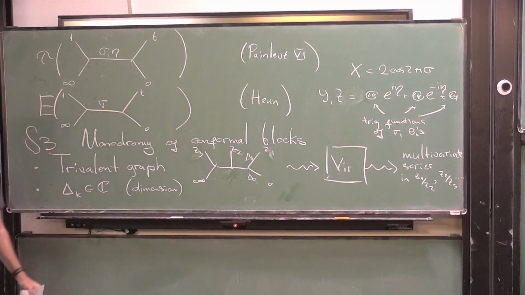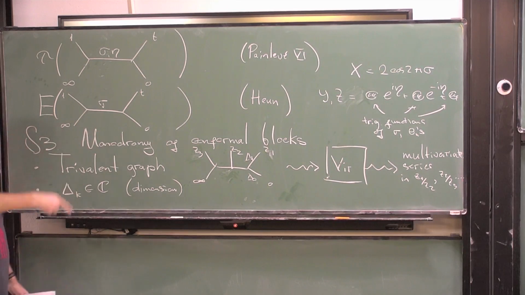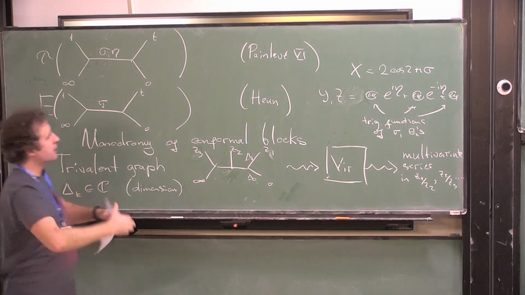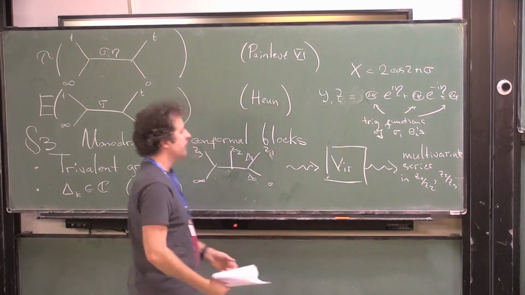So x is related to the monodromy around 0 and t. That's right. So x or sigma is the monodromy around a pair of points 0 and t, and theta is the corresponding twist. Okay.